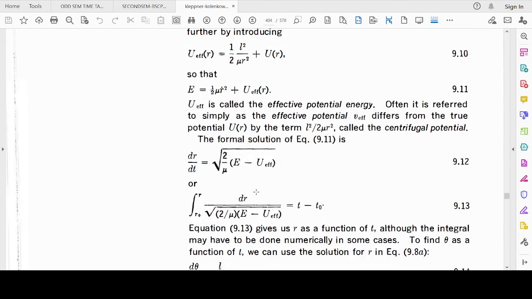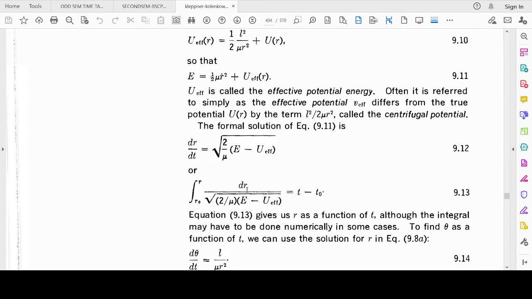Now I want r, so I will integrate this equation. I take the dt to the right side, and this root comes into the denominator. So dr by root of 2 by mu E minus U is equal to dt, and then I integrate it.